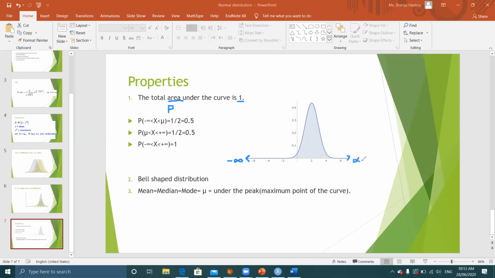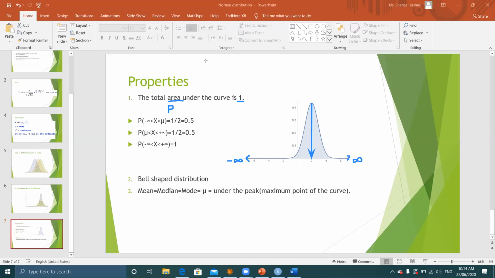So if we extend this curve on both edges, the total area between these 2 points under the curve is 1. But if we draw a line here from the peak ordinate at the point mu, as you know that the mu exists under the highest point. So mu here is 2. So we can write it as mu is equal to 2.